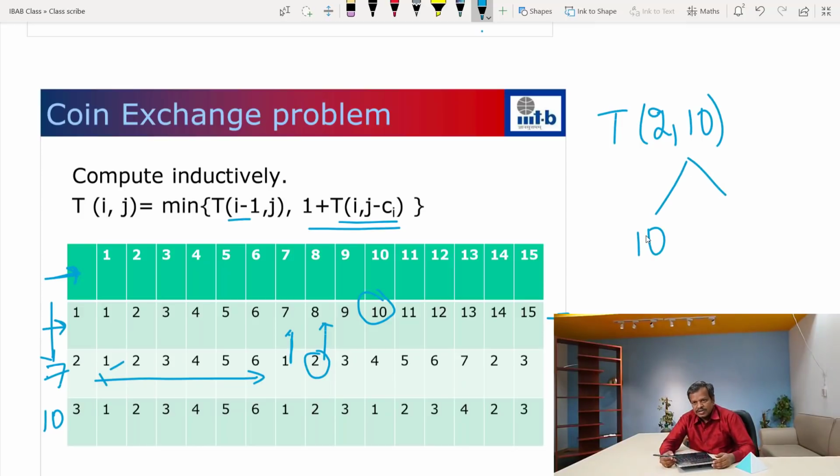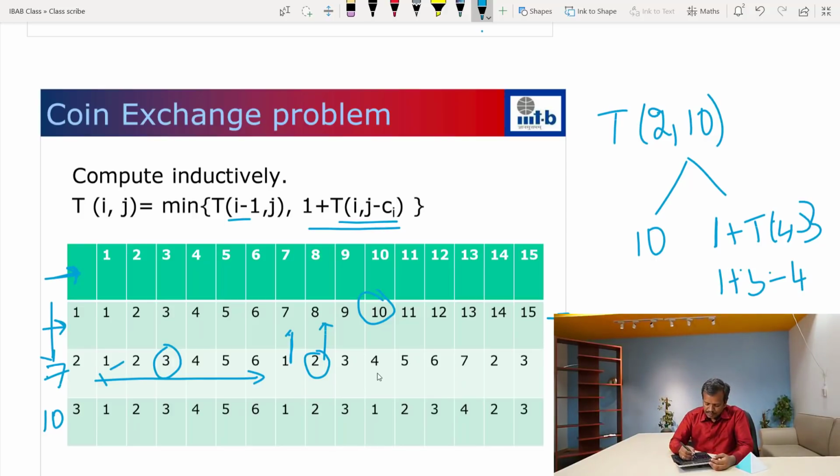If I decide to use the second coin, then I have used one coin, and I have to pay for the remaining 10 minus 7, which is 3. So you have to pay for 3 using the first two coins. The value of t of 2 comma 3 is 3. So this will be 1 plus 3, which is 4. So I will end up picking the minimum of 4 comma 10, which is 4.